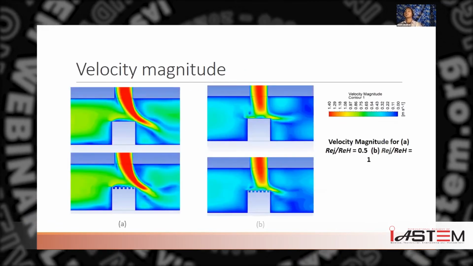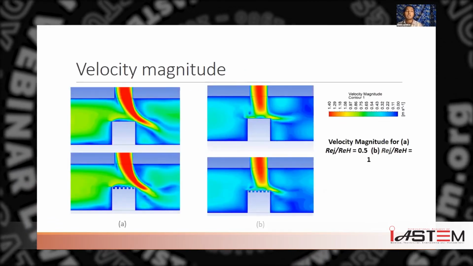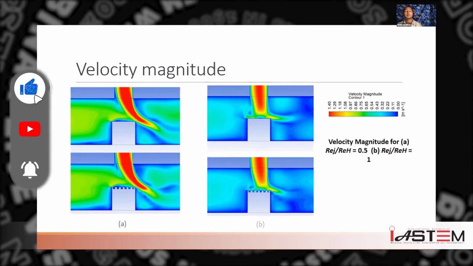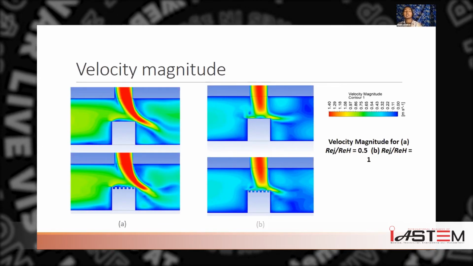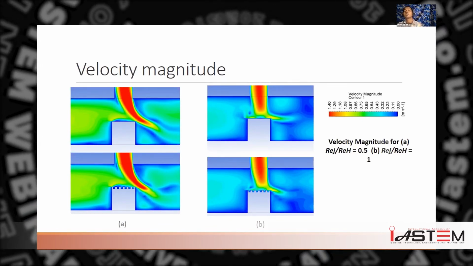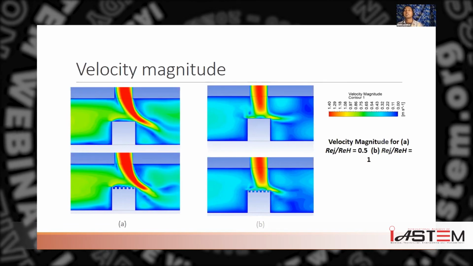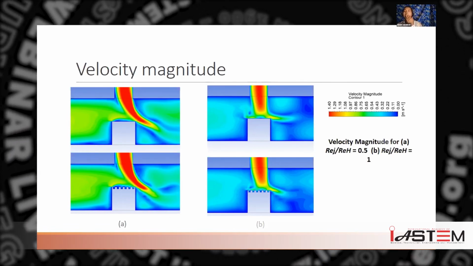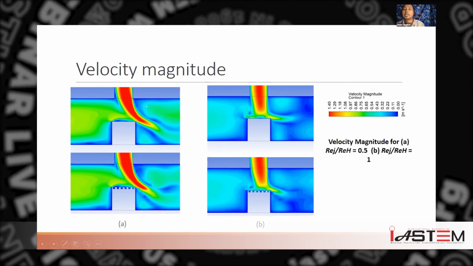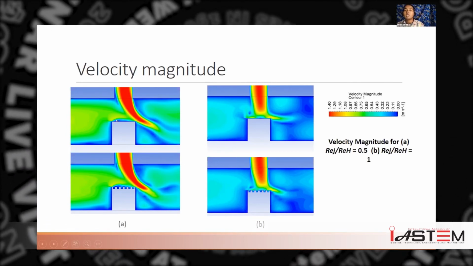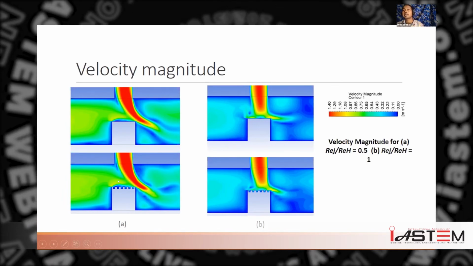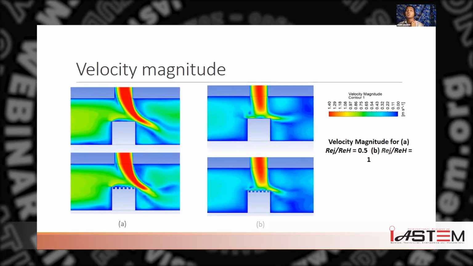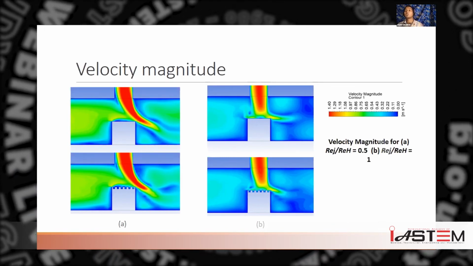Now let's talk about the velocity magnitude. The velocity magnitude is made dimensionless using the jet velocity, in the streamwise plane. Three different things can be seen in the velocity magnitude profile. The groove increases the residence time, so it takes more time to transfer heat from the cubical block.